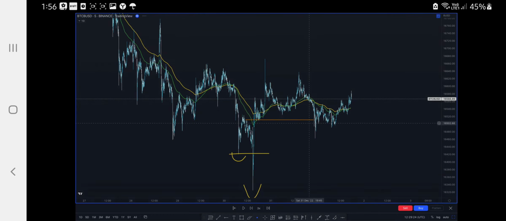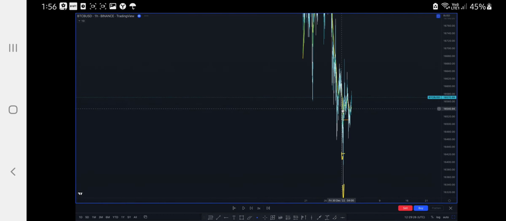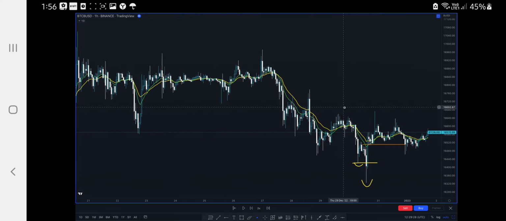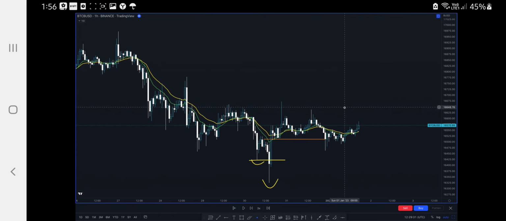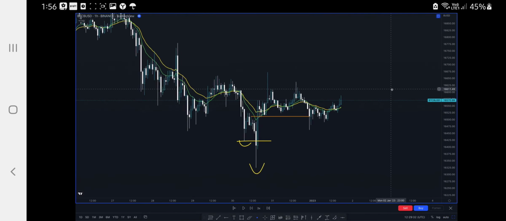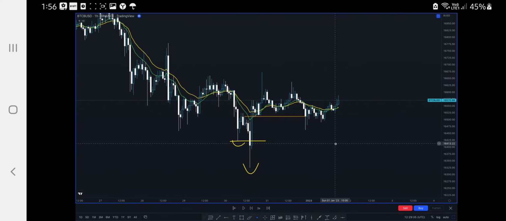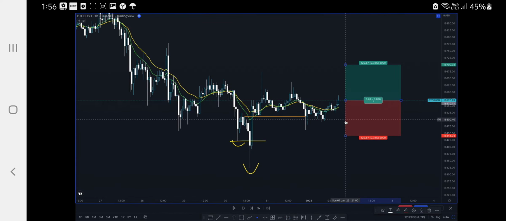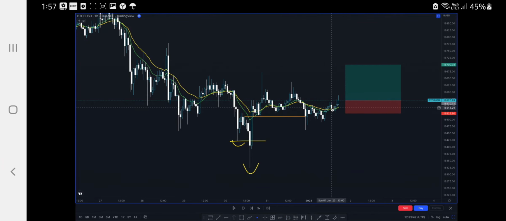So we go back to the hourly. Now we know on the 5-minute that it's good to enter. And we now need to figure out, we're going to enter here. We're going to put our stop below the hourly market structure, as you can see here.